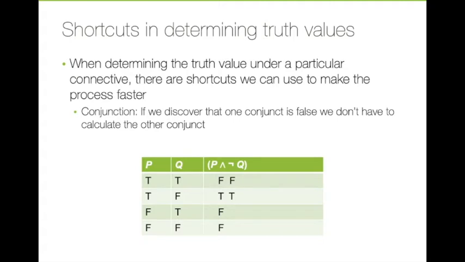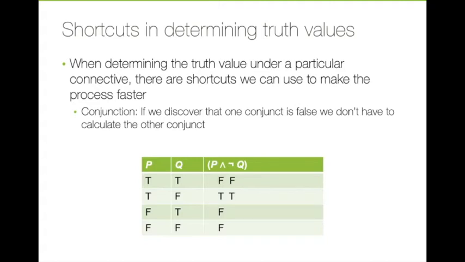So think back to the characteristic truth table for conjunction. Conjunction is false most of the time. It's only true when both conjuncts are true. So for conjunction, if we discover one false conjunct, we don't have to calculate the other conjunct. We know that the whole conjunction is false.